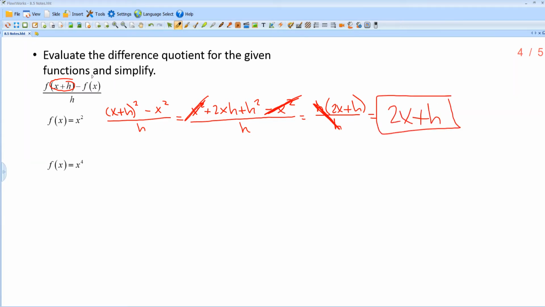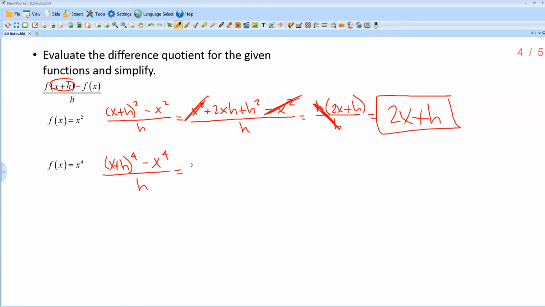Now, this won't be like a huge theme throughout the topic, but it leads into something that's going to be important for calculus as well. Now, when I have x to the fourth, that's x plus h to the fourth minus x to the fourth over h. Binomial expansion allows me to know what's going on with this x plus h to the fourth.